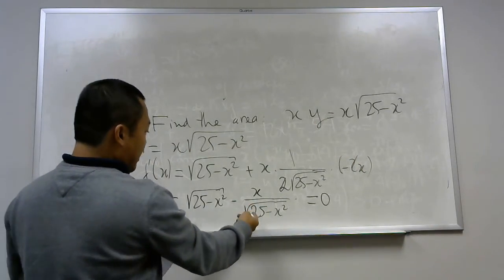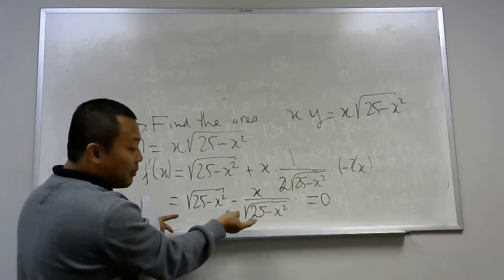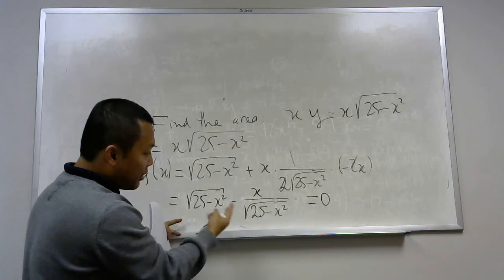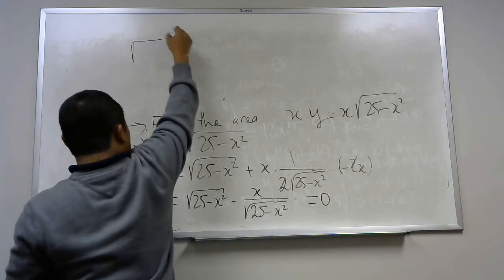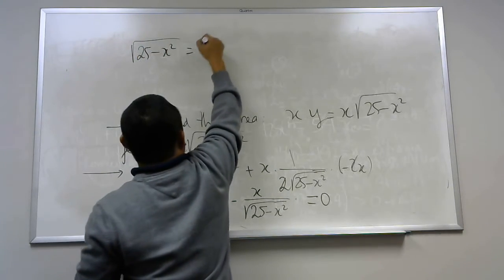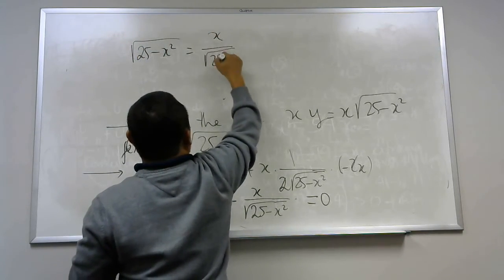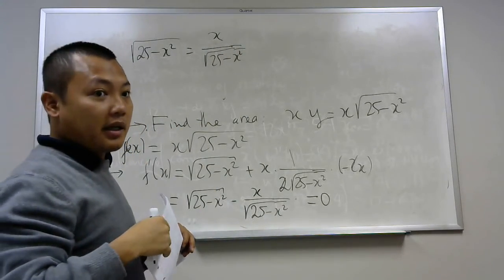When we set it equal to 0, here we need to use a trick, right? We don't have to use cross multiplication yet. I just bring this to the other side. So I get the square root of 25 minus x squared equal to x squared over the square root of 25 minus x squared. And only from this step I will use cross multiplication.